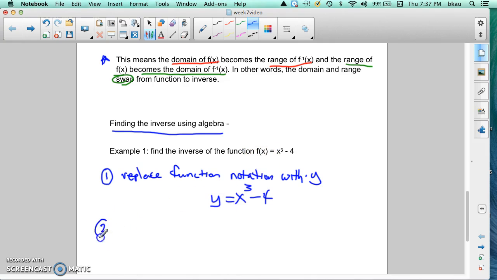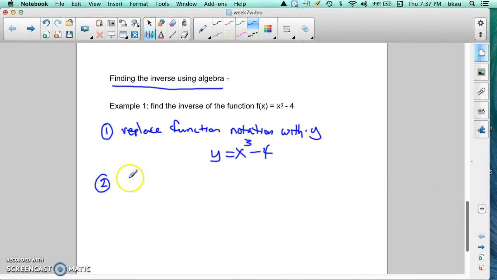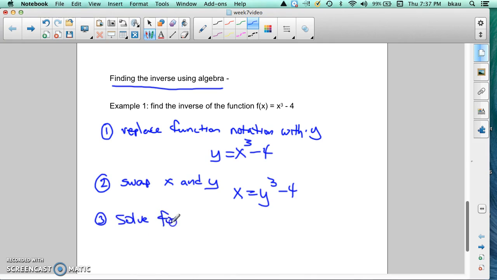My second step in finding the inverse is to swap x and y. So this function becomes x equals y cubed minus 4. My third step is to solve for y. So in this process I would add 4 to both sides.